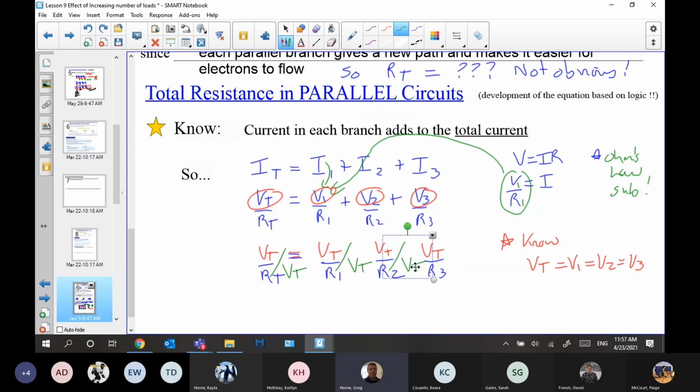What's total voltage divided by total voltage? Just a 1, right? So each of those are just a 1. So we've got a 1 over total resistance equals a 1 over resistance number 1, and a 1 over resistance number 2, and a 1 over resistance number 3.